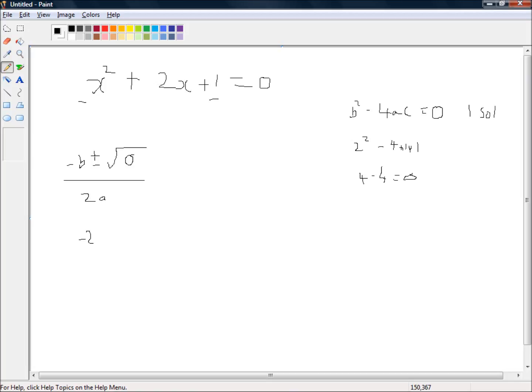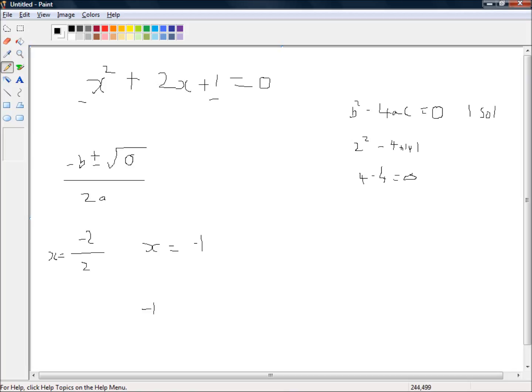Well, the square root of 0 is 0, and minus 2 plus or minus 0 is just minus 2. And that's divided by 2 times 1 is 2. So that's minus 2 over 2. So x is equal to negative 1.